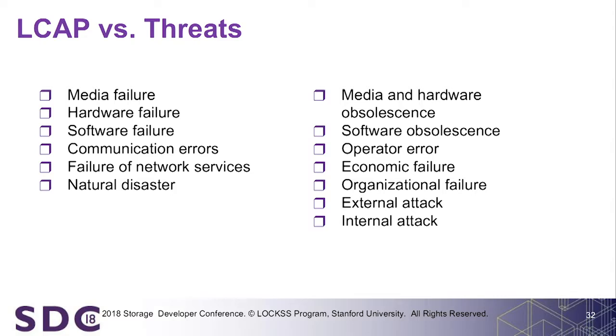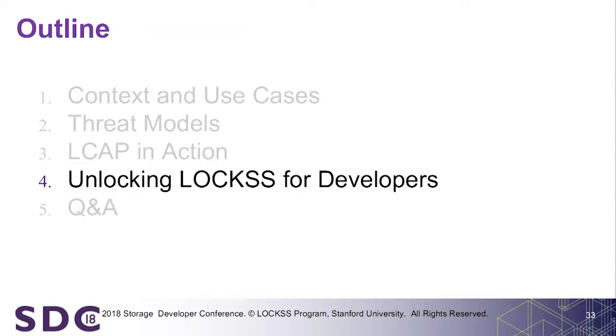This is obvious for media failure, hardware failure and software failure, and it has some aspects for natural disaster recovery, but also how does this fit into a model that libraries care about of organizational failure and economic failure? How does it resist external attack and internal attack? That's more cryptography and math, which, unlike my predecessors at the previous presentation, I don't have the background to discuss, and I'll have to refer you to the literature.